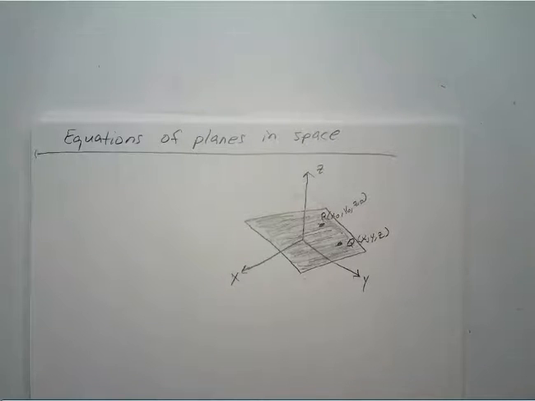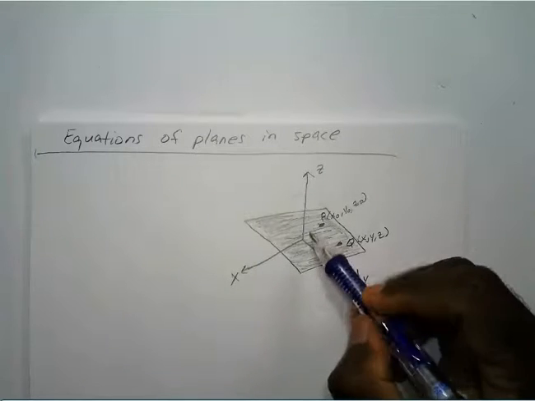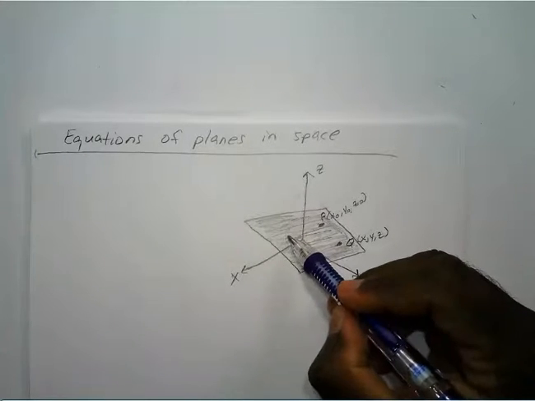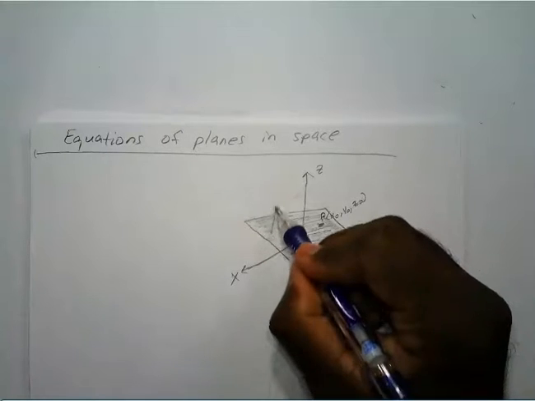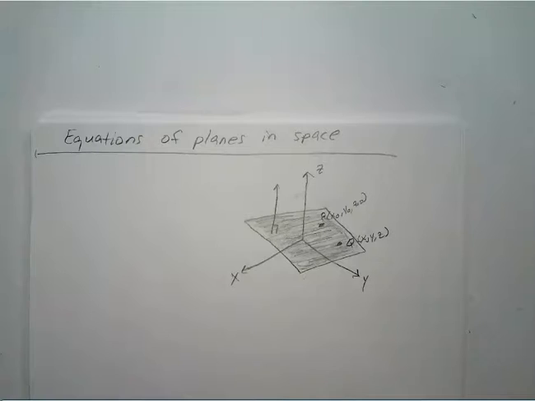All right. So now, on this plane, we're going to have a vector that's normal to the plane, or at a right angle.